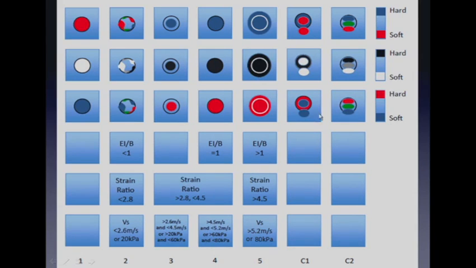BI-RADS 5. And another thing that we haven't talked about, but I believe I've given a Sono World lecture on this, is there's a cyst artifact that we find extremely useful. In our practice, we've been able to eliminate a lot of biopsies based on this artifact. This artifact can be the bullseye artifact, which I show here, where we have the white dot in the black background with the white distal spot.